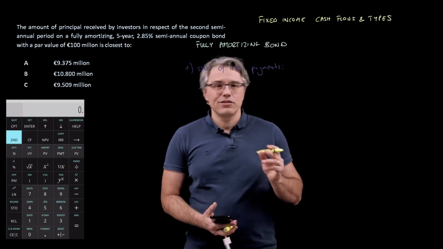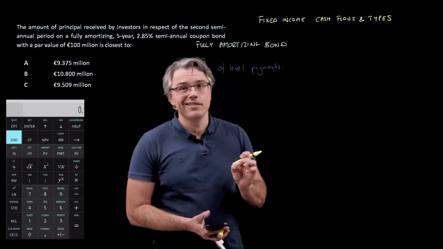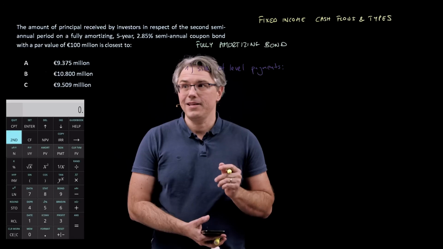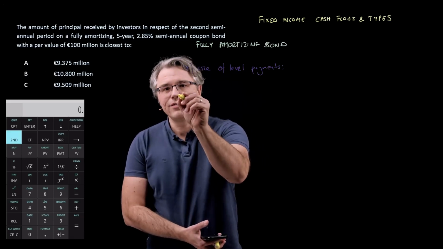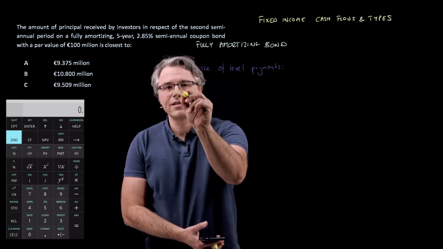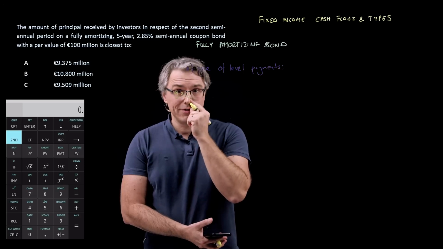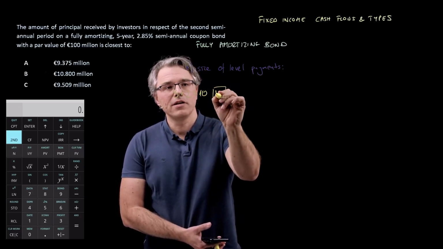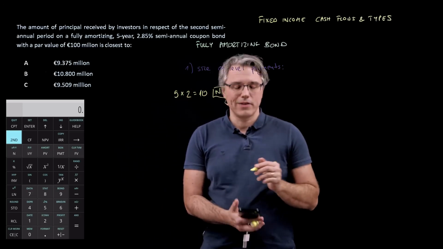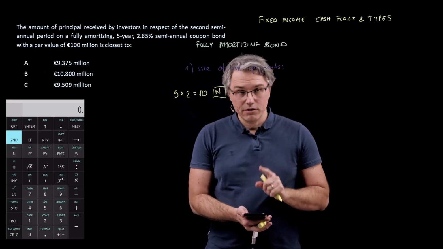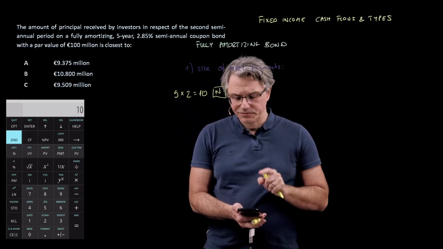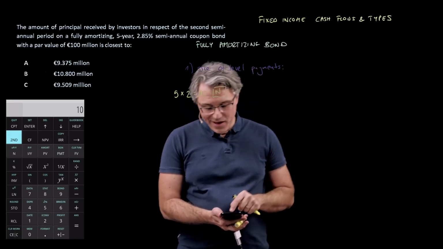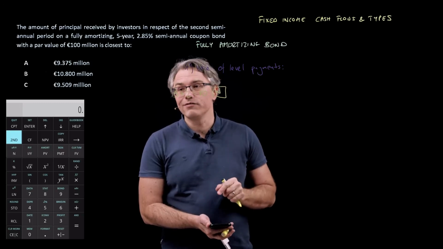So in terms of the input for n, the number of periods, I'm going to have 10, because we've got 5 years, and each year we're going to have 2 payments. So 10 is going to be our input for n in the time value of money worksheet. Actually, before I do anything, let's clear the time value of money worksheet.